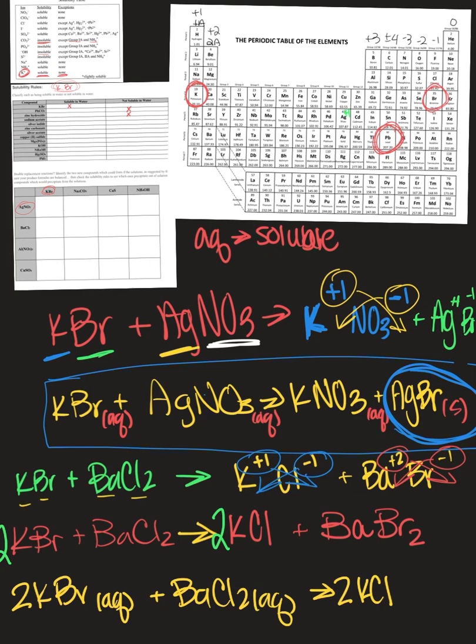Correct, and so is potassium, so it's going to be aqueous. Now talk to me about BaBr2. Non-soluble. And why do you think that? Because it's not on the solubility table. Correct. It's going to be our solid, which means we circle it.